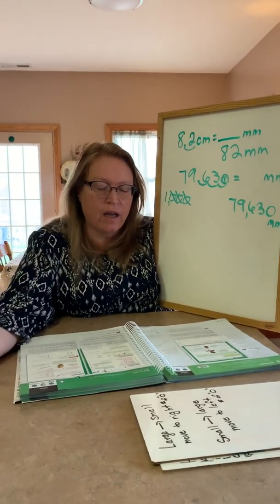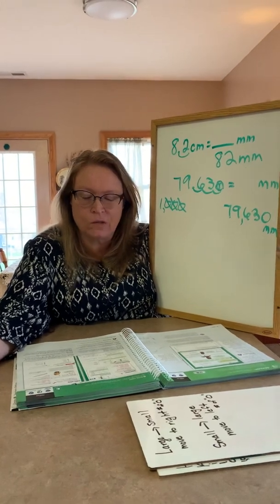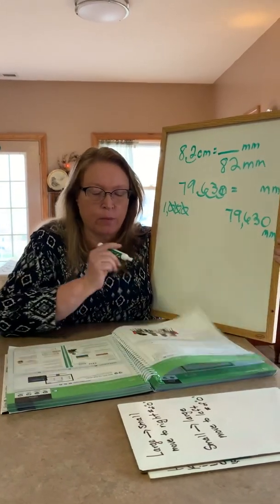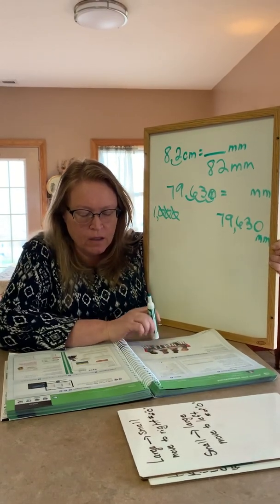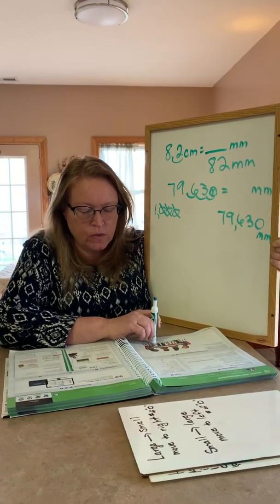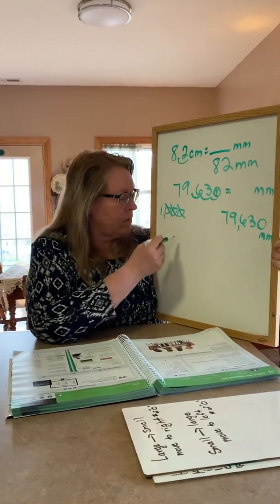Okay? Now, going the other way. Let's say I have, oh gosh, what can I say here? Let me look at one of your problems and maybe get one from there. Let's see, small to big. Let's go small to big.